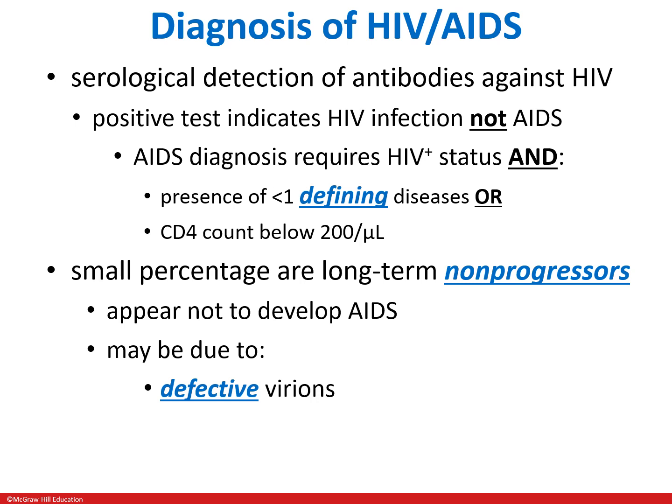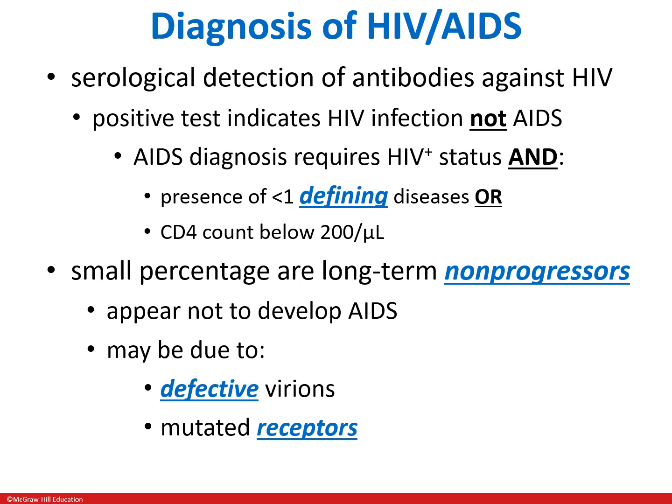But it may be that the version of the virus they got infected with was somehow defective, and perhaps those GP120 and 41 surface markers weren't the right shape to actually infect helper T cells. In some cases, the non-progressor has helper T cells with receptors that don't fit the HIV virus very well.